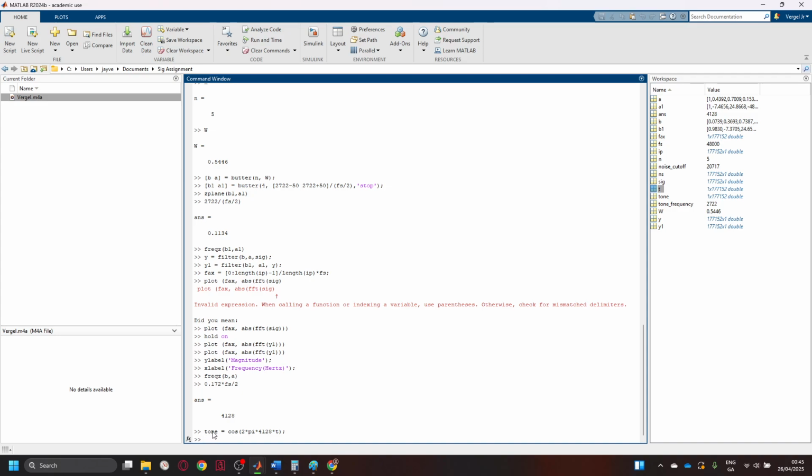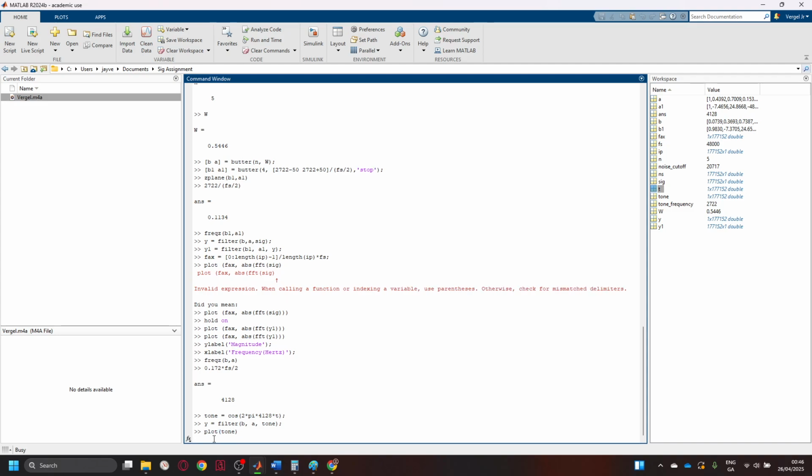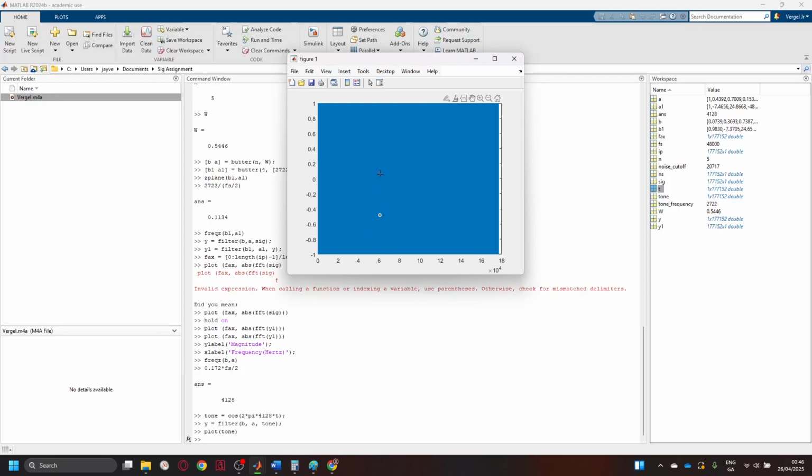if you pass this tone into the previous system that we had, so y is equal to filter b a tone. So we're just going to plot the tone. So this is the tone.